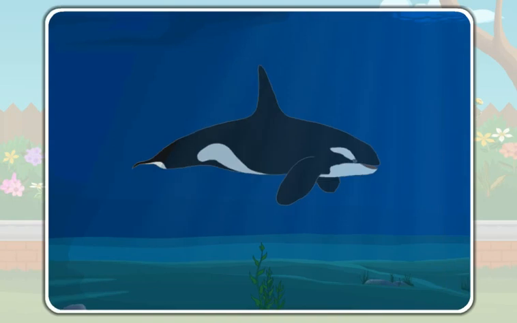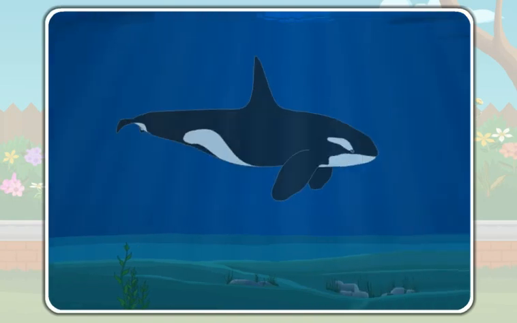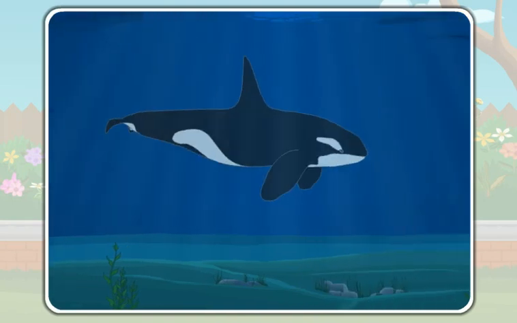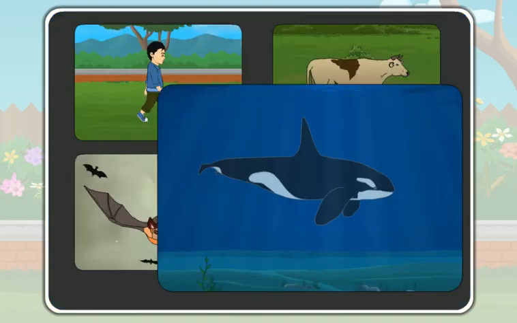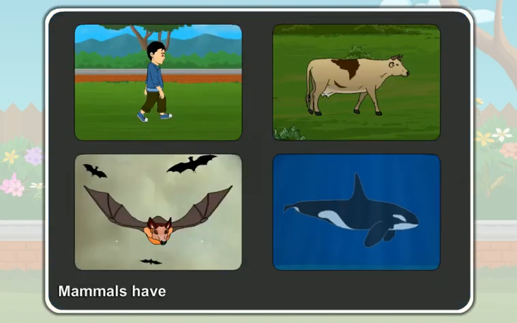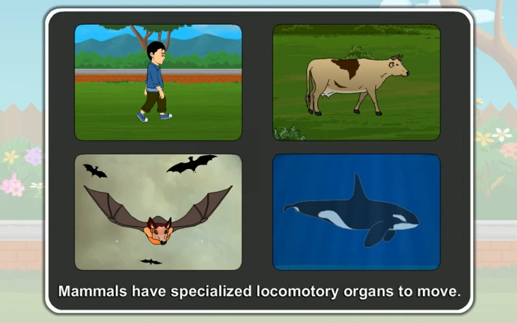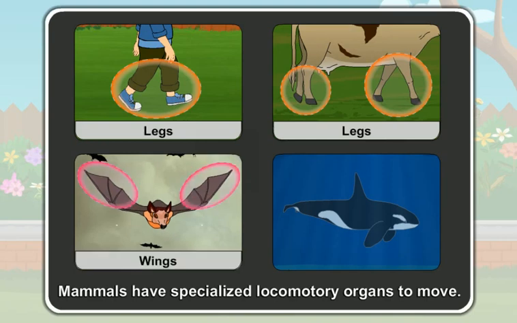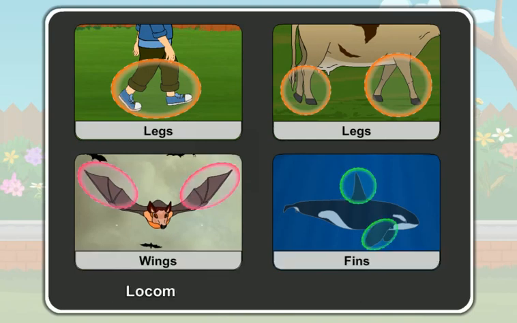A whale swims with its fins to move. So, mammals have specialized locomotory organs to move. Legs, wings, and fins are the specialized locomotory organs of the mammals.